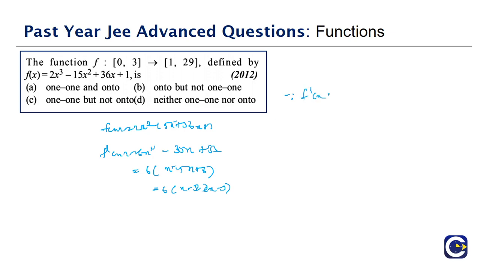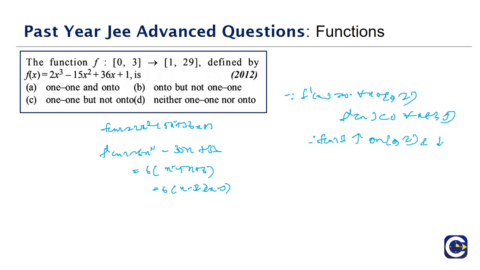since f dash of x is greater than 0 for all x belongs to (0, 2), f dash of x is less than 0 for all x belongs to (2, 3). So therefore f of x is increasing on [0, 2] and decreasing on [2, 3].